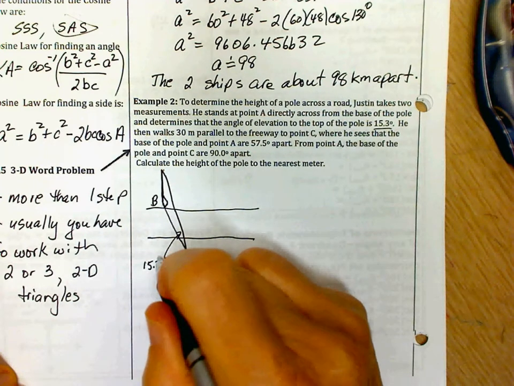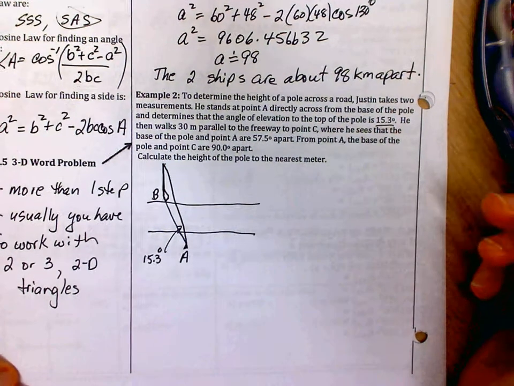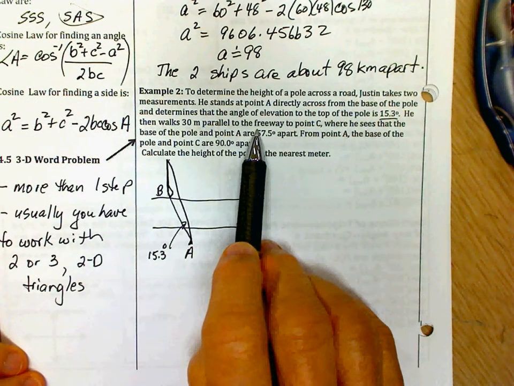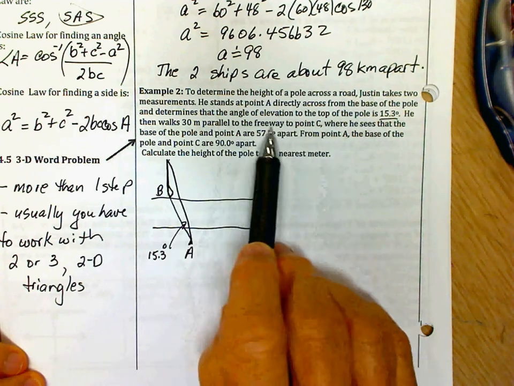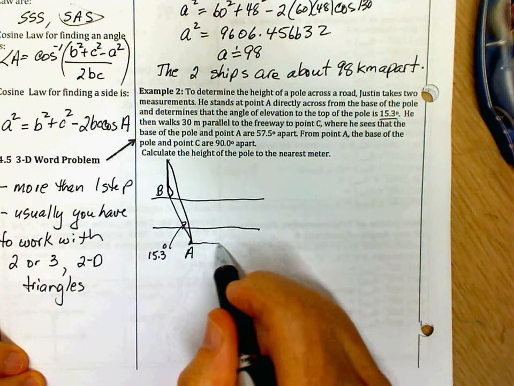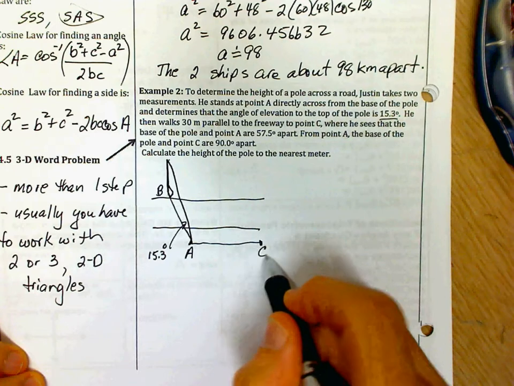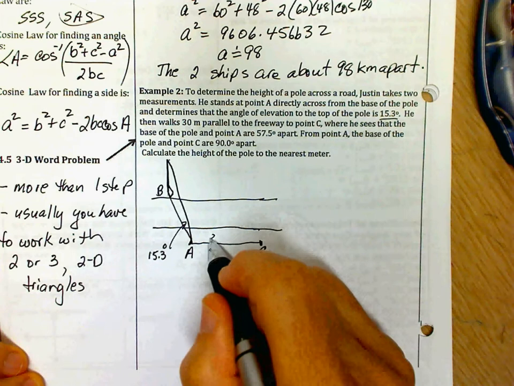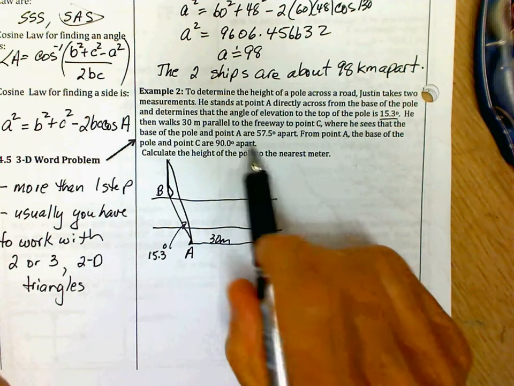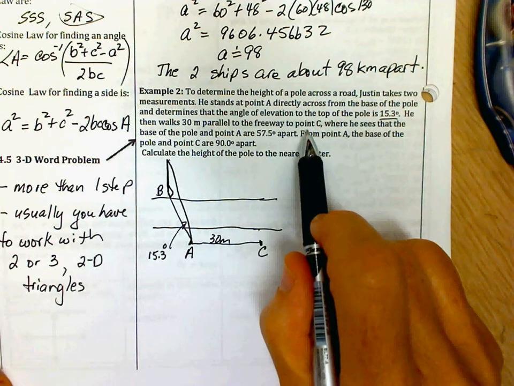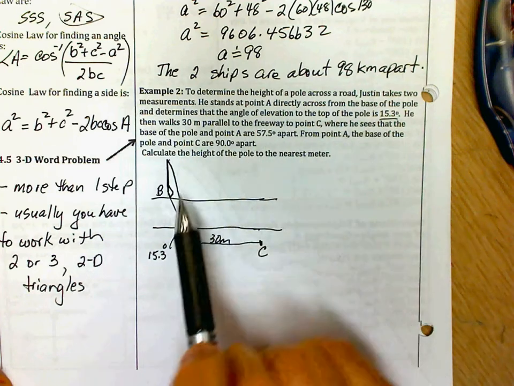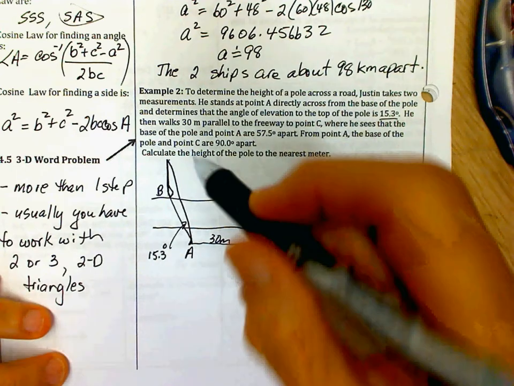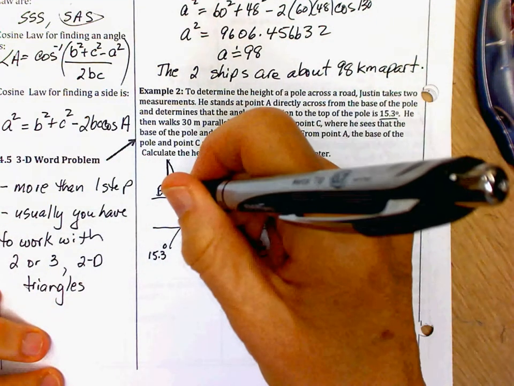Okay? He then walks 30 meters parallel to the freeway, or I guess to the road. So he's walking this way to point C, and that is 30 meters parallel to the freeway to point C, where he sees that the base of the pole and point A are 57.5 degrees apart.